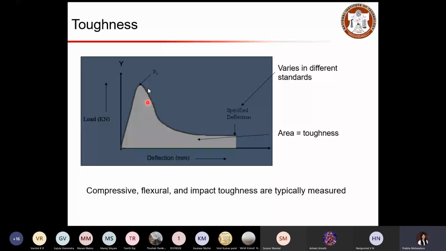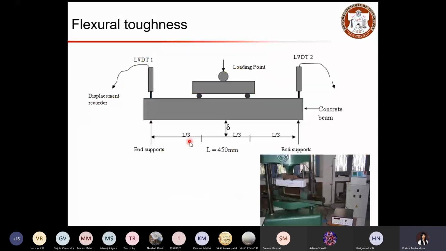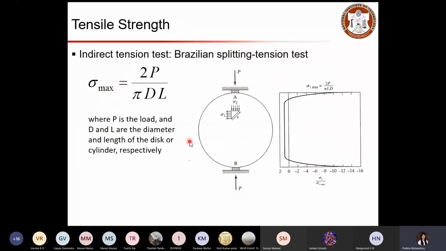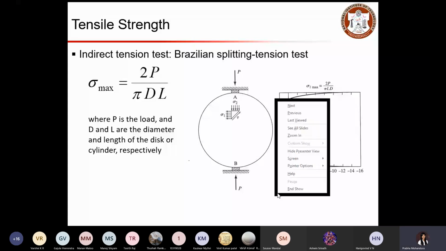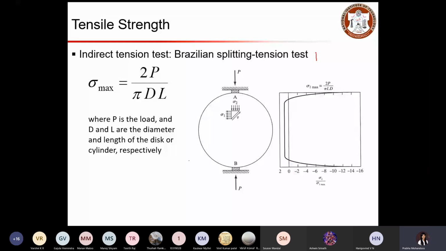And now we will look at tensile strength. For concrete, it's very difficult to do a direct tensile test, because when you have to apply tension loading, you have to grip the concrete member. Most often we will have cube specimens or cylindrical specimens.